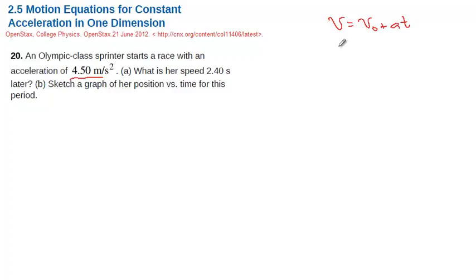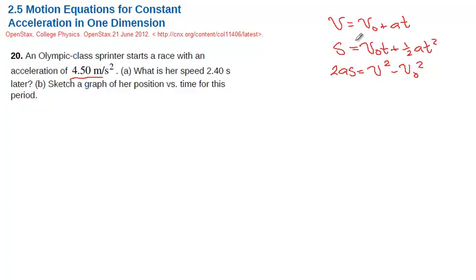I also write S, which is just the change, displacement. Some books write this as x minus xo. S is equal to VOT plus 1 half AT squared. And I also write 2AS is equal to velocity final squared minus velocity initial squared.